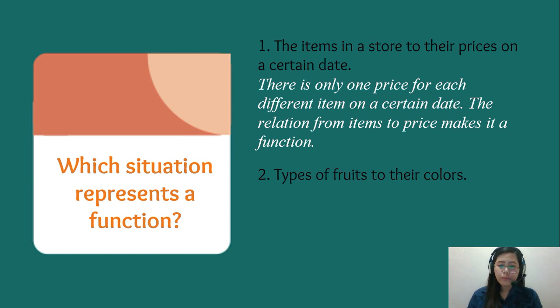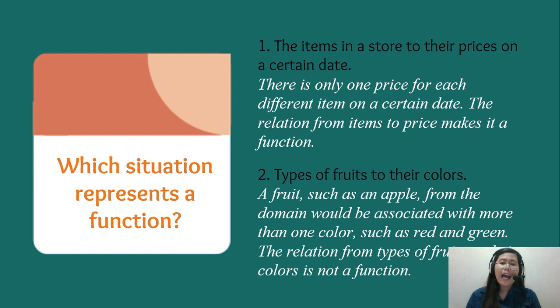Okay? Pagdating dito sa pangalawa, types of fruits to their colors. A fruit such as an apple, let's say, sige, sulat po tayo dito, apple. From the domain, ayan yung domain mo or X mo, si apple, would be associated with more than one color. Kasi si apple, di ba, meron po siyang color green, meron po siyang color red.